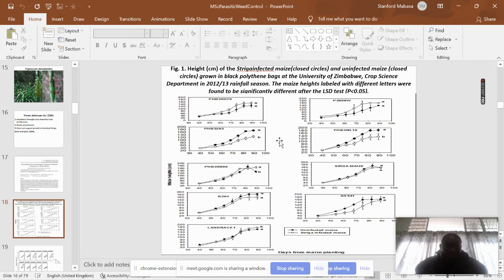If a variety gives you a big gap in terms of differences, if they are significantly different, you know that this variety is very susceptible to Striga infection as opposed to this, which is tolerant. Of course, later you can measure grain yield, etc., but the height can be used as a screening tool for tolerance.